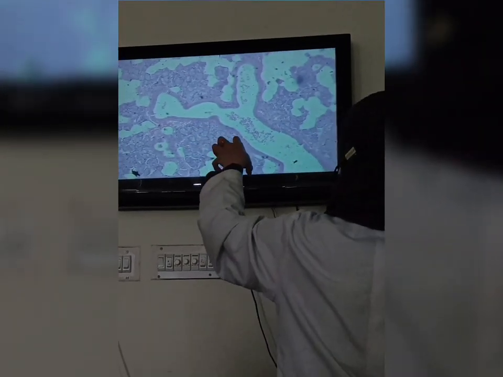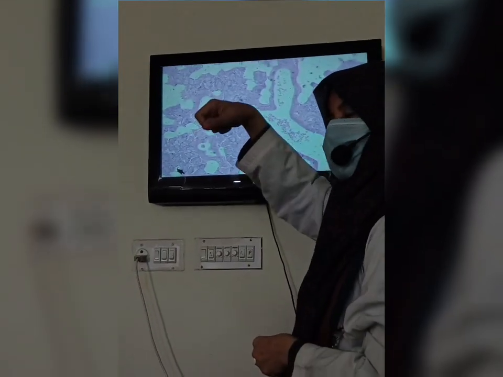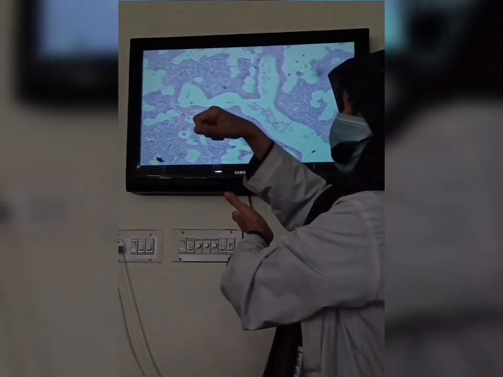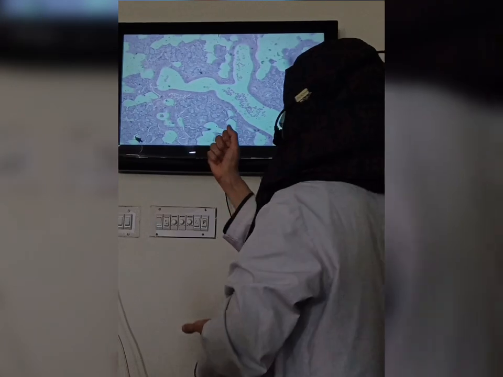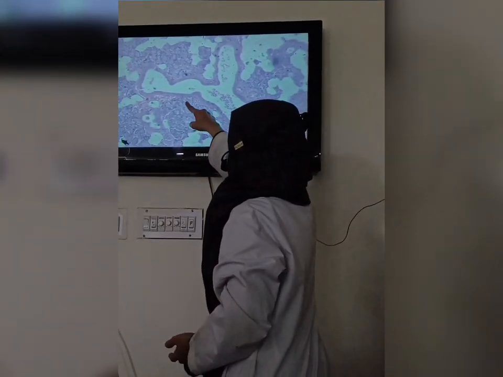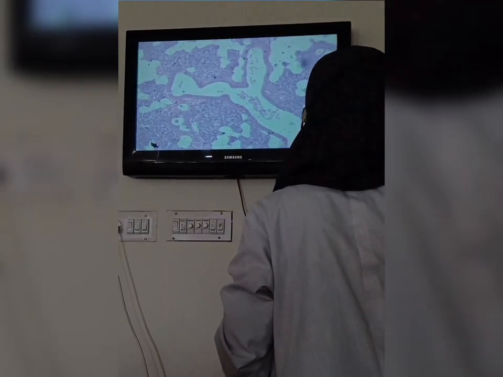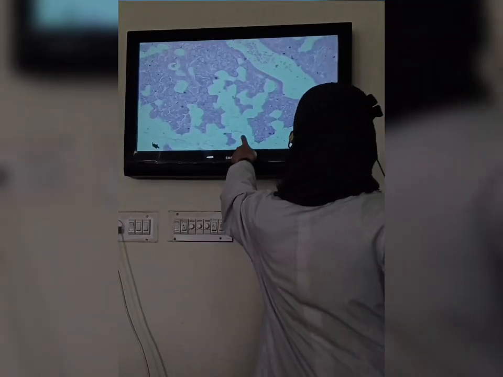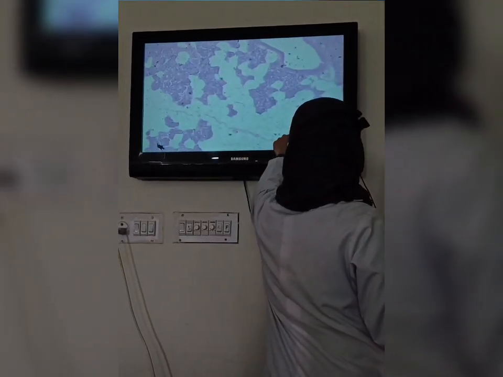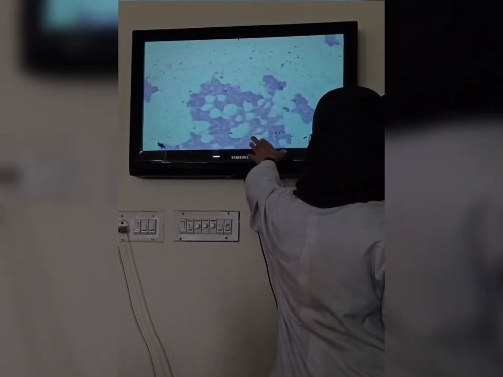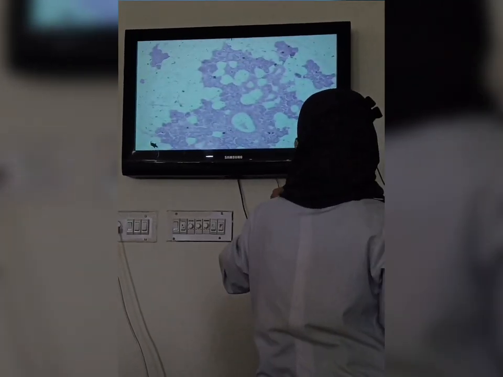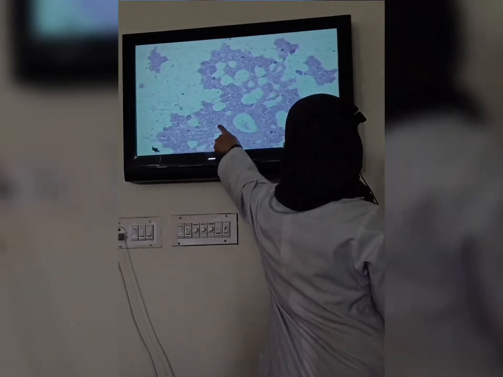It is just as if you are holding a bunch of grapes and you have placed a cut section. Now you're observing like this, and these are small lumens. So these are whole serous acini, and intervening in this hole is adipose tissue, if you can recall the signet ring appearance. And the rest of it is the parotid gland with the serous acini and the ducts, which are very clearly seen.